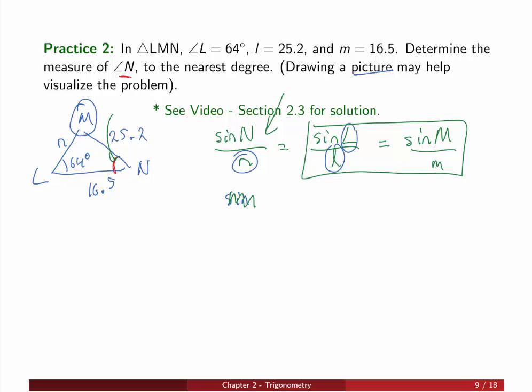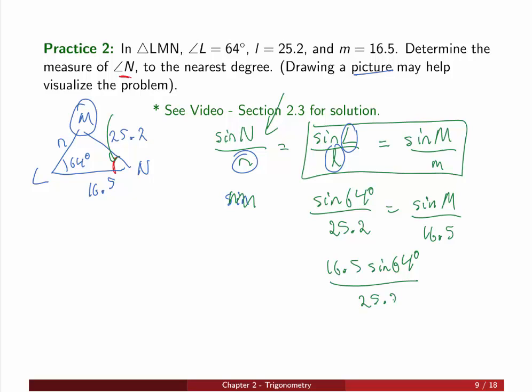So here we go. We're going to go sine of 64 degrees over L, which is 25.2, equals sine of m over little m, which is 16.5. Now, solving for m, we have 16.5 times sine of 64 all over 25.2 is equal to sine of m.